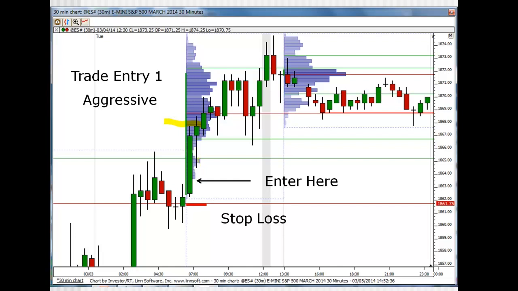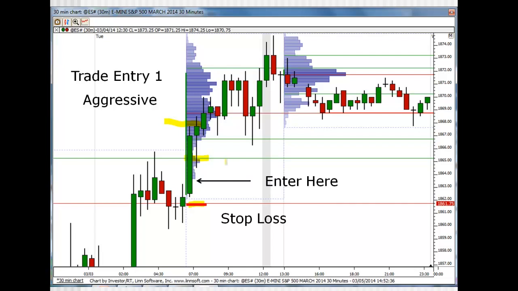the reason that this would be an aggressive entry is because if we did that, the stop loss is still way down here, and so I have quite a bit of exposure. However, if I wait until this candle has closed, my stop would be right at the value area high, which was already tested, and I would be comfortable with the trade.